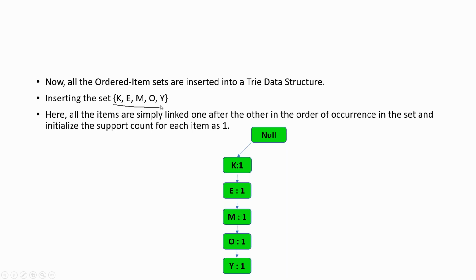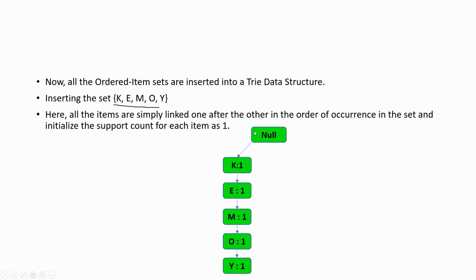Till now these items appeared only once, so we will write 1 alongside each and every item. Clear? Until now there is no doubt. So we added this pattern KEMOY.